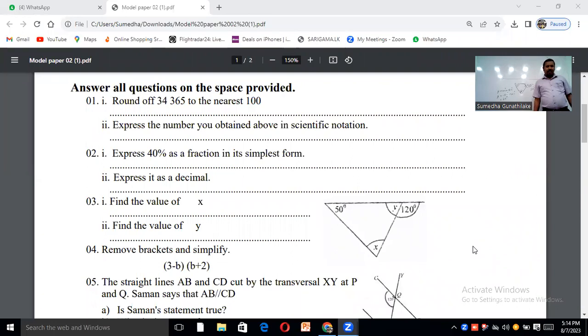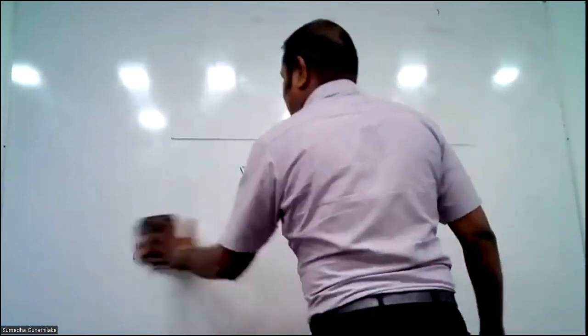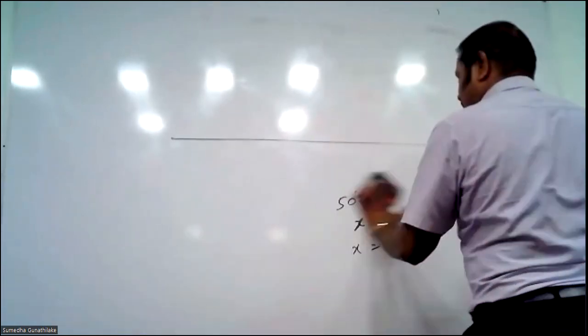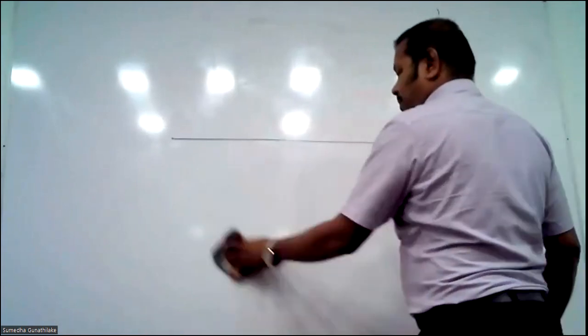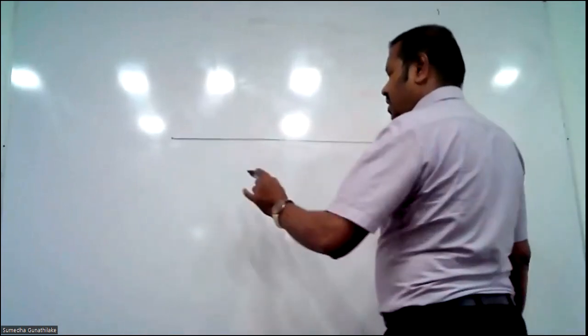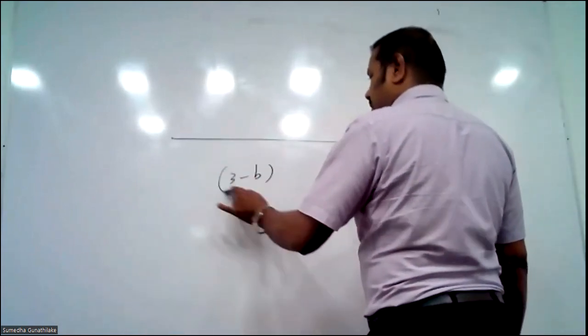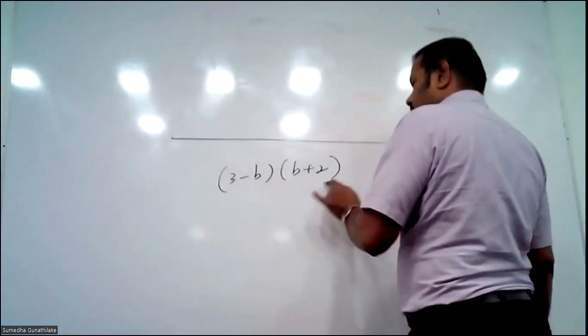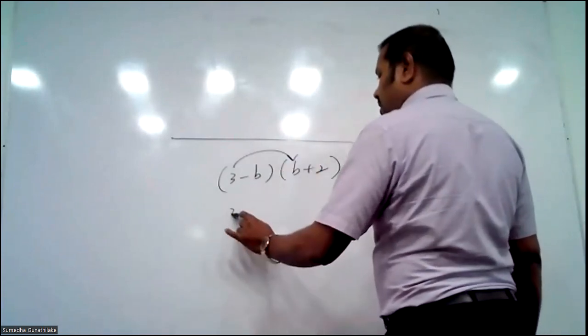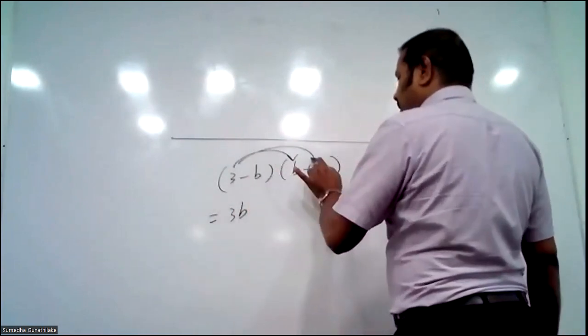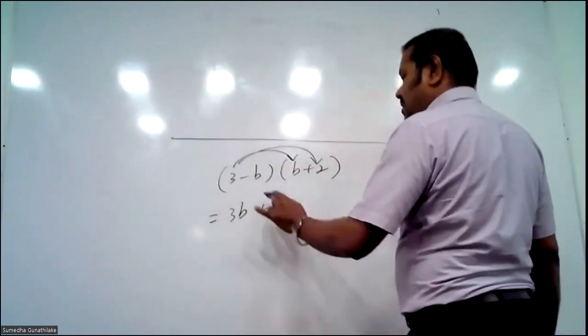Remove the brackets and simplify. 3 minus b into b plus 2. Three into b, 3b. 3 into plus 2, plus 6.